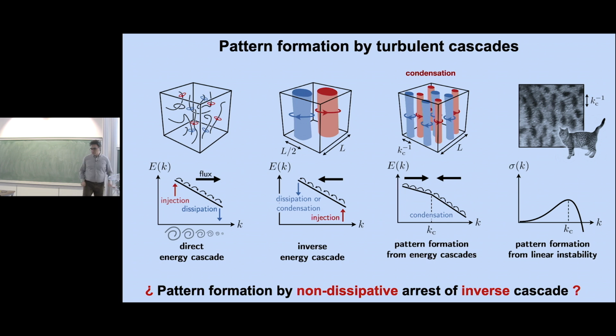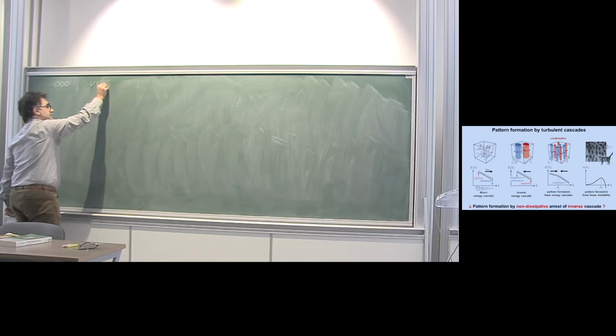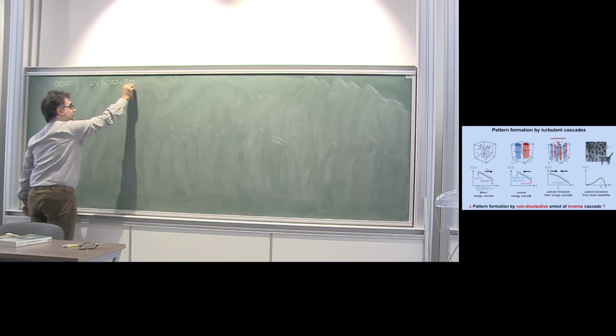Good. So how do we do this? In order to realize this idea, I would like to introduce a solution that nature has found to this problem, precisely what was highlighted in that slide. There's a notion called odd viscosity.